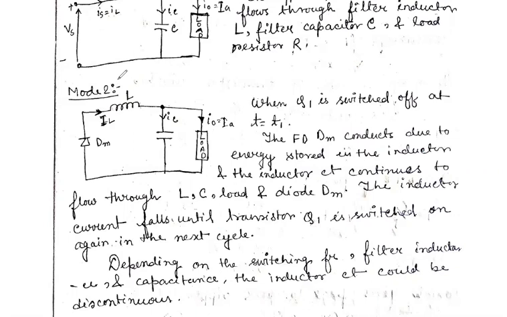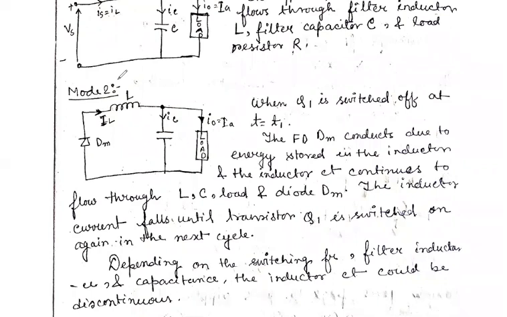So the inductor stores energy from t equals 0 to t equals t1. At t equals t1, when the transistor Q1 is switched off, then due to the energy stored in this inductor, the freewheeling diode starts conducting.